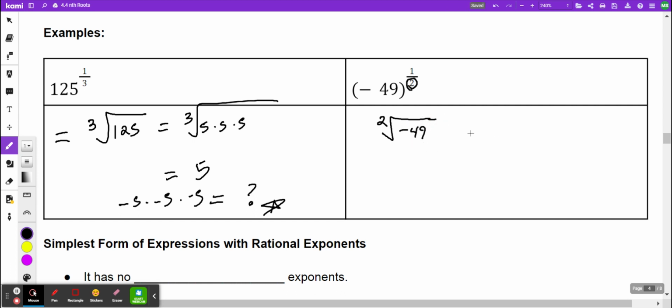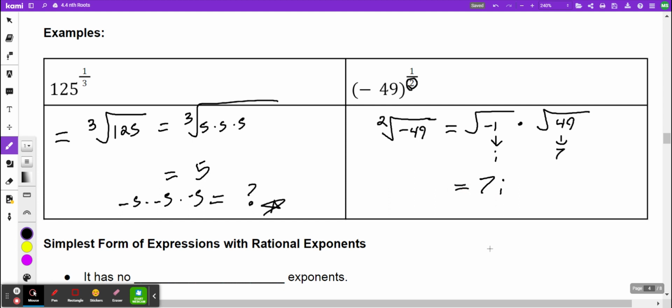We have a negative number right there. Well, what's going to happen is this is going to equal the square root of negative 1 times the square root of 49. And look, that would be 7. The square root of negative 1 would be i. So then our answer would be 7i.